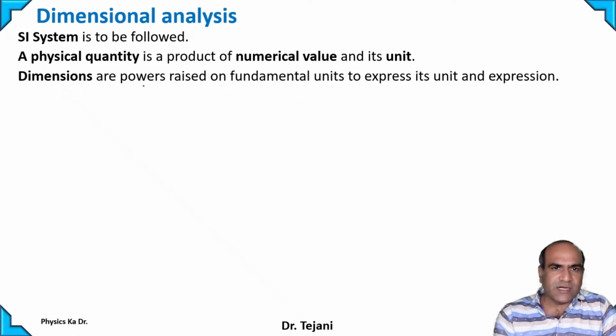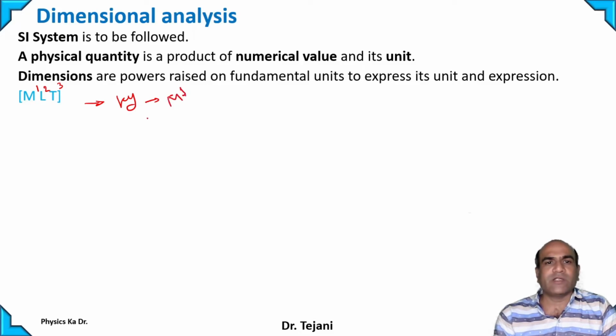So it says that dimensions are the powers raised on fundamental units. For example, M is power 1, L is power 2, T is power 3. So for the fundamental unit mass, M is power 1, so it is 1 kilogram. L power 2, the fundamental unit is distance in terms of meter, so it becomes meter square.